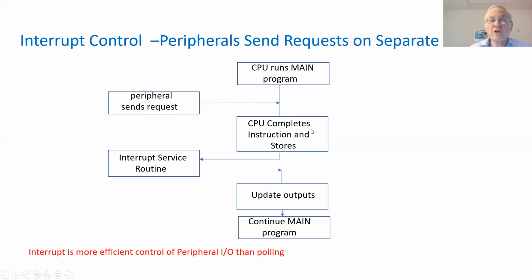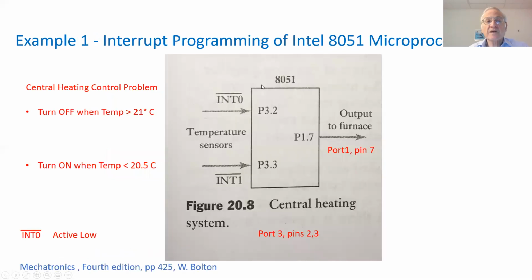The CPU completes whatever instruction it's doing, and then it jumps to the service routine. It runs the service routine, and then when it's done, it updates the output and continues the main program. So this is a more efficient way to control it. The CPU is not polling the peripheral. It's waiting for an interrupt request.